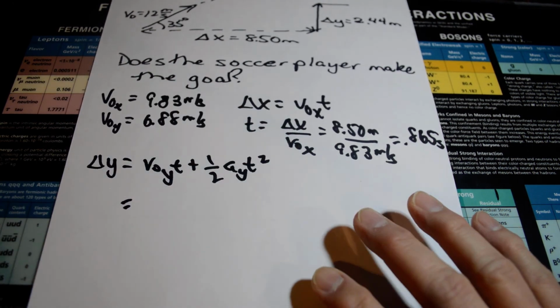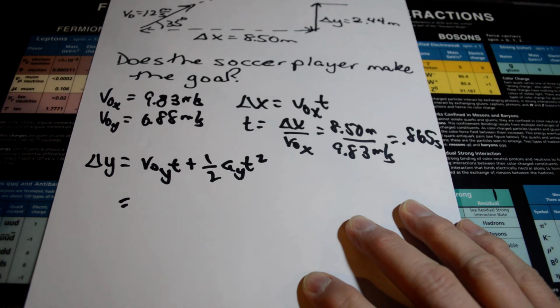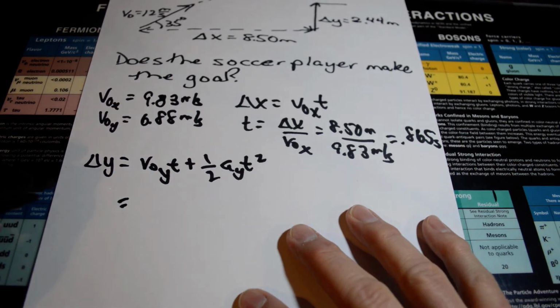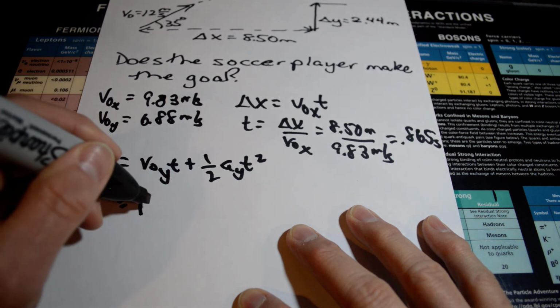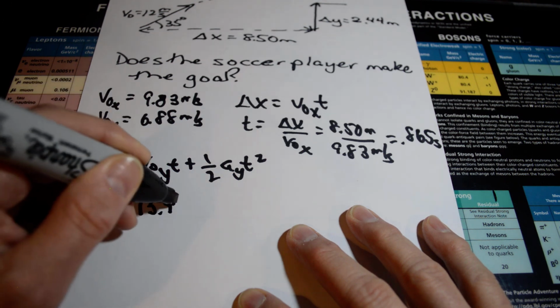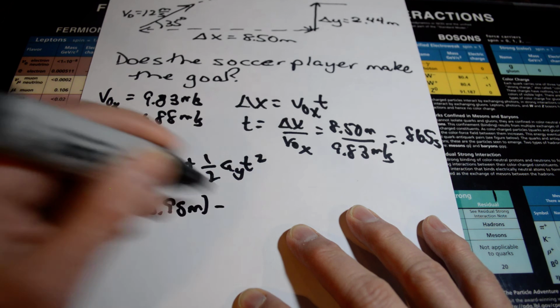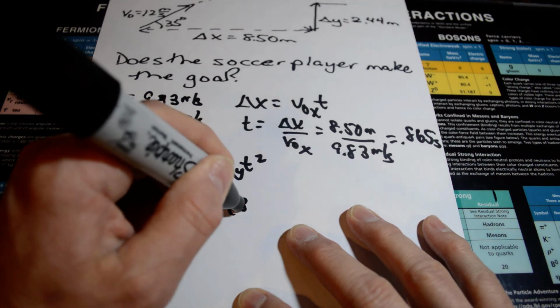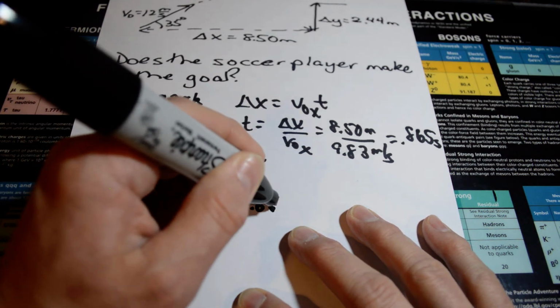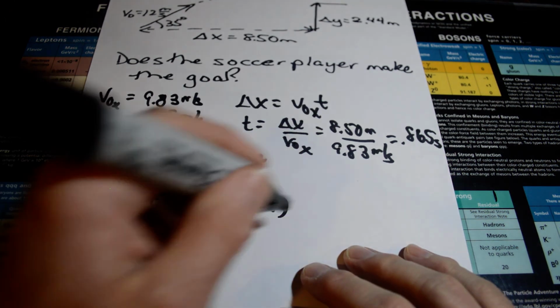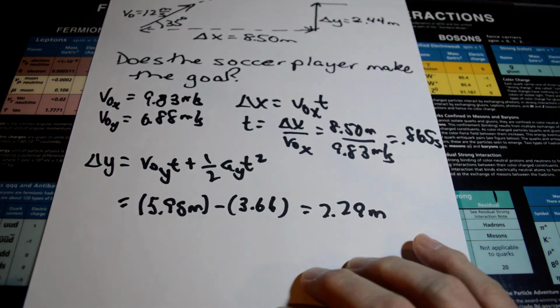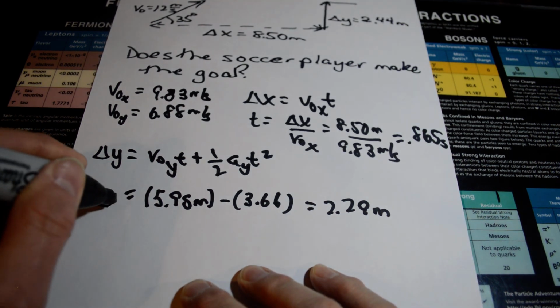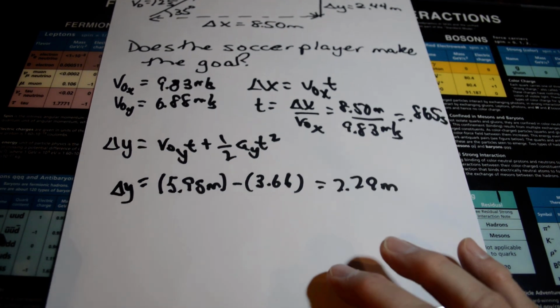And if you do that, you're going to put in the other velocity and that same time in the air. Don't forget that this term, and maybe I'll just put the numbers, 5.95 meters for the first term, and the other term is negative 3.66 because it's got a negative acceleration. And that ends up being 2.29 meters off the ground. That's the y displacement.